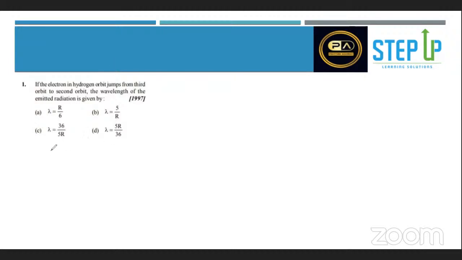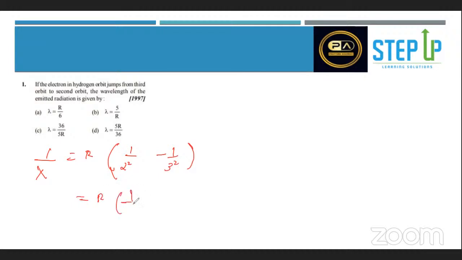Okay, let me solve. I know 1 by lambda is equal to R times (1 by n1 square minus 1 by n2 square). The electron of the hydrogen orbit jumps from the third orbit to the second, so the wavelength of the emitted radiation. I can take n1 as 2 and n2 as 3.